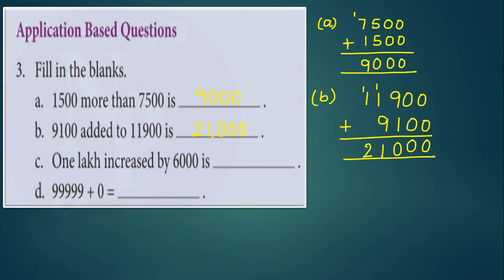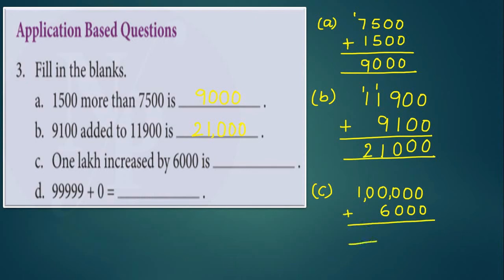C. 1 lakh. So 1 followed by 5 zeros. 1 lakh is increased by 6,000. Let us write 6,000 here and add.